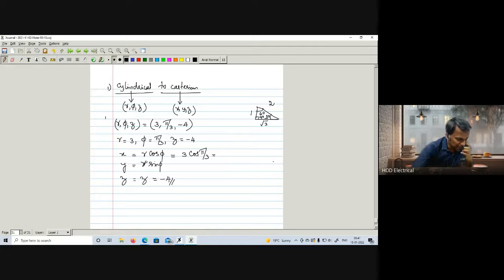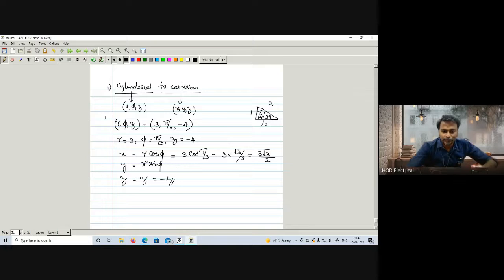So cos 60 degrees can be written as 1 by 2, pi by 3 is nothing but 60 degrees, therefore x is 3 by 2.